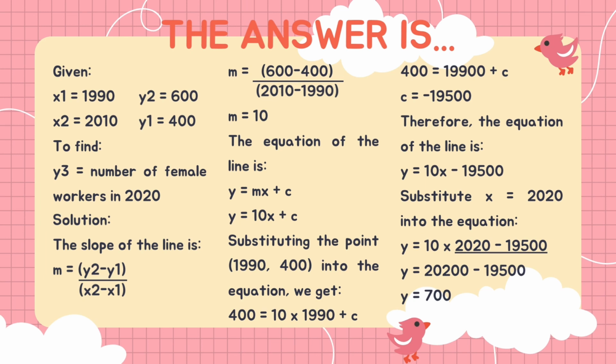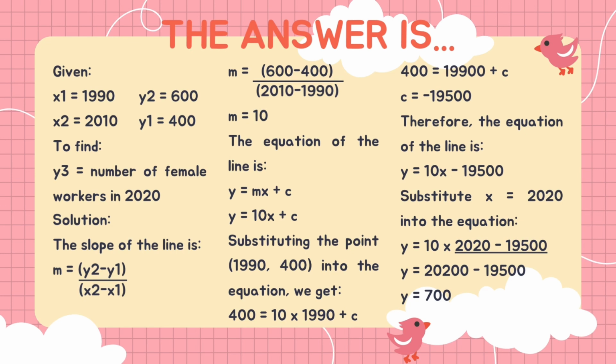The slope of the line is m equals y2 minus y1 over x2 minus x1. Use this formula because there are 2 points that pass through a straight line. m equals 600 minus 400 over 2010 minus 1990. m equals 10.